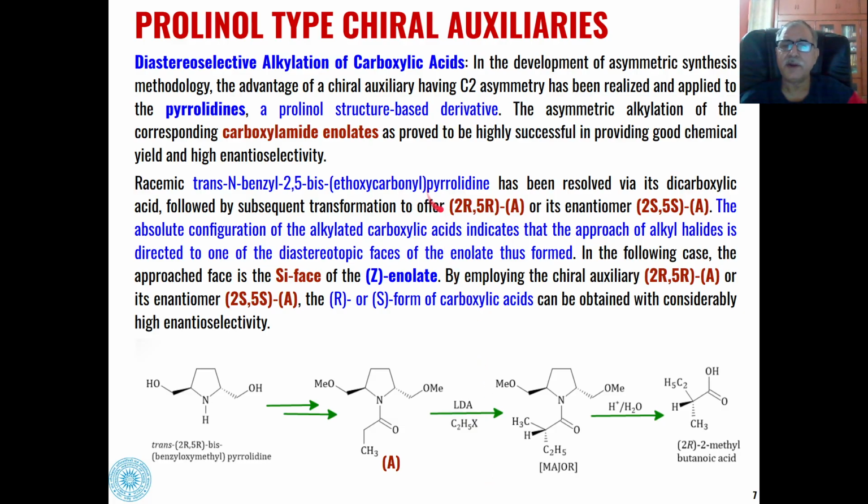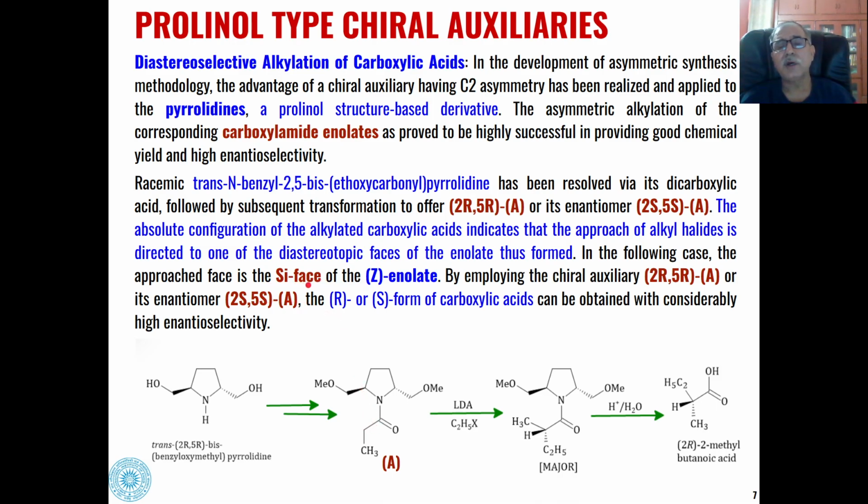And here, depending upon the type of chiral auxiliary which we use, either this RR chiral auxiliary, or if we reverse these positions, then this will be converted into its enantiomer, that is 2S,5S chiral auxiliary. So either 2R or 2S chiral auxiliary will react with the strong base, that is lithium diisopropylamide, to give us enolates in the same manner.